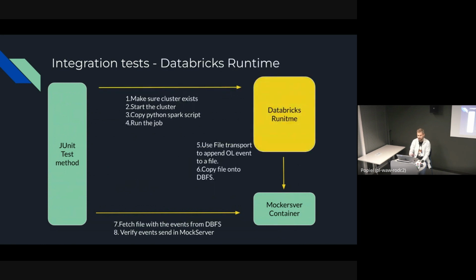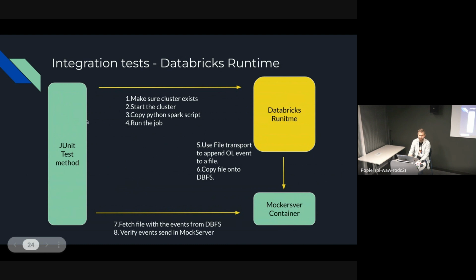This approach can be extended even further to the Databricks runtime. With Databricks, there is a Databricks API Java library. It got released, I believe, in May or June, which allows you to spin up a Databricks cluster with REST API calls. And this is something we are using in our JUnit test.